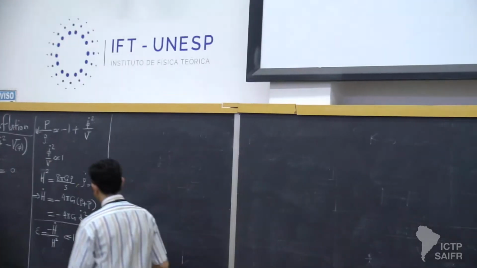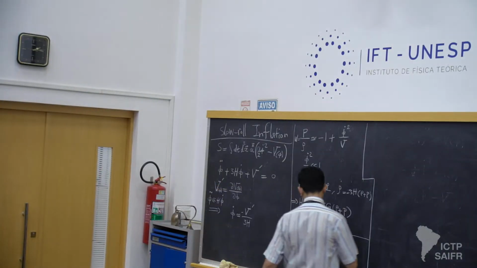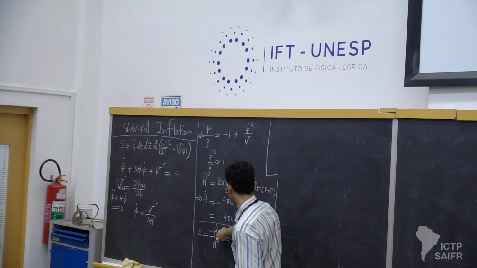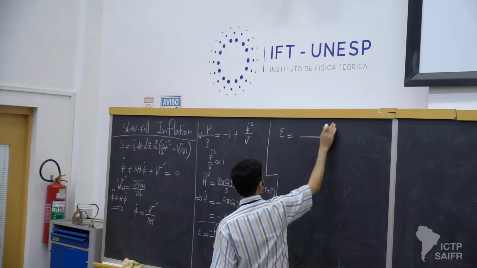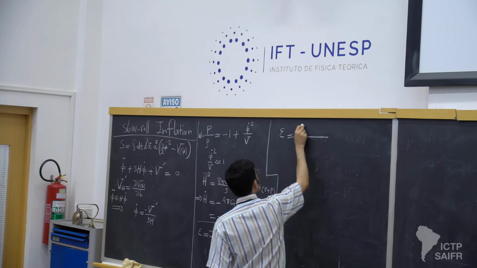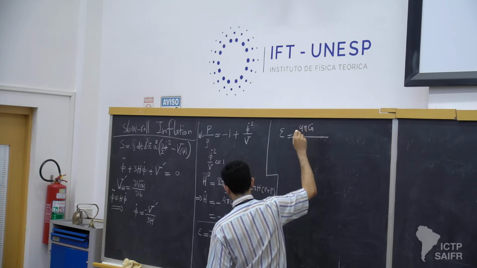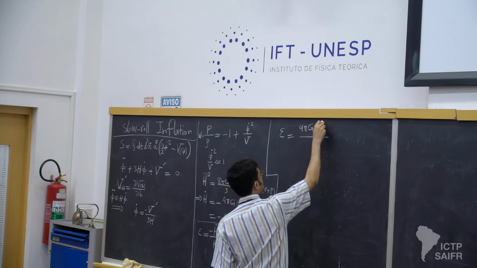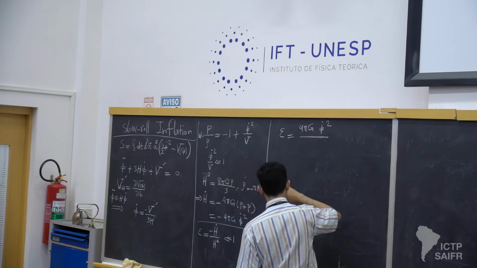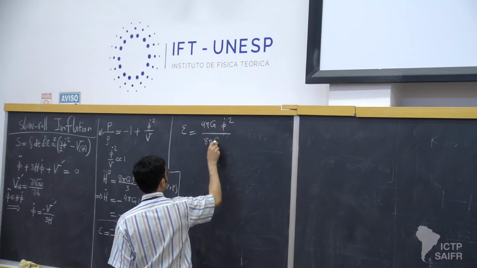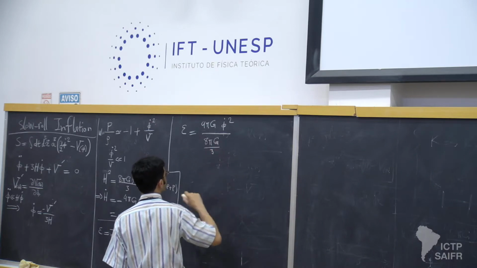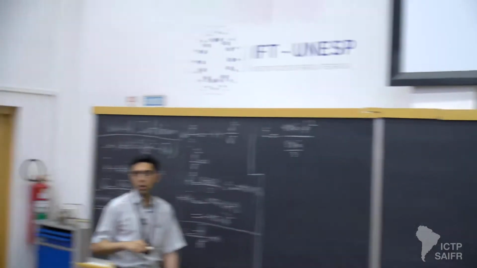Now, what is this quantity? For the numerator, I can use this equation. So this epsilon is given by 4 pi G times phi dot squared. And then in the denominator, I have H squared, which is given by 8 pi G over 3 times rho.